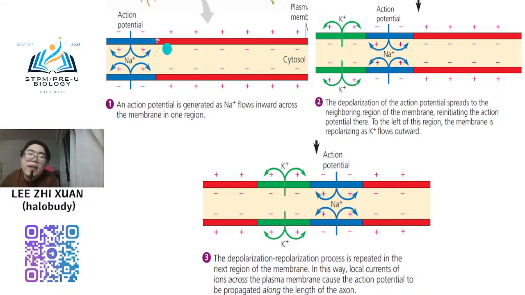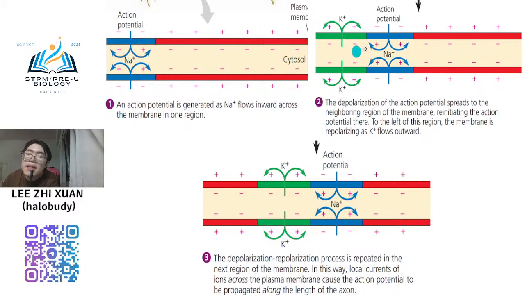Once this action potential happens, depolarization takes place. You still remember that after the action potential, the depolarization process takes place. When depolarization takes place, at the same time it will spread the action potential to the neighboring region.